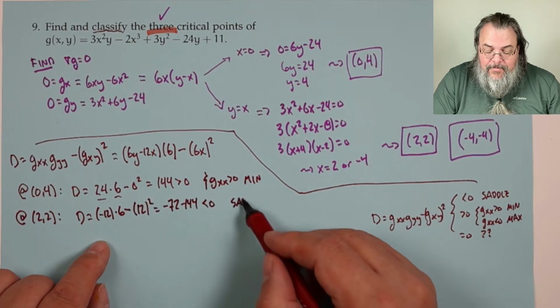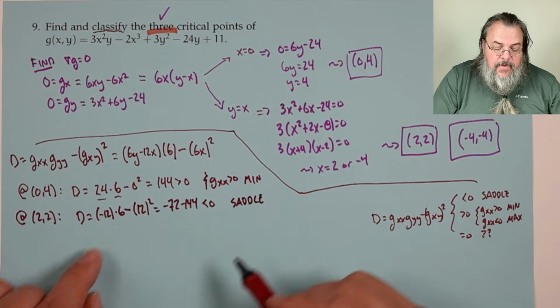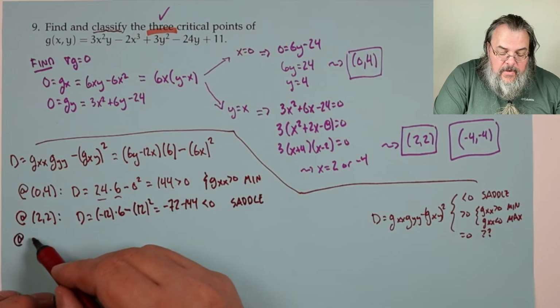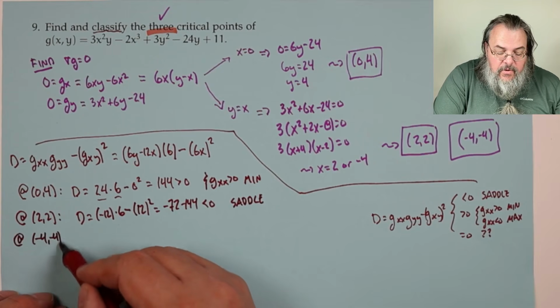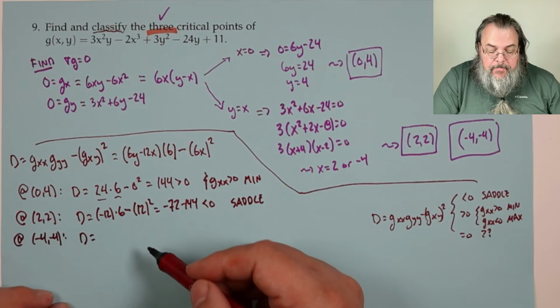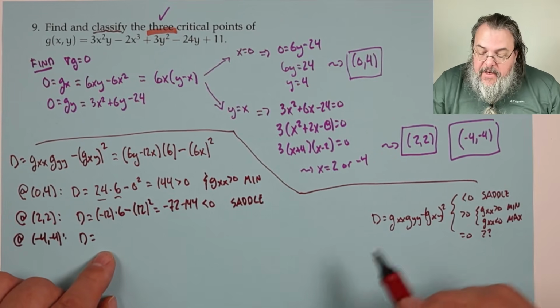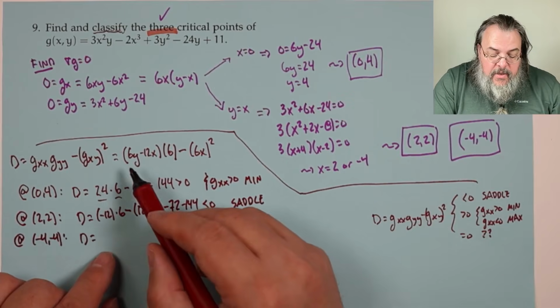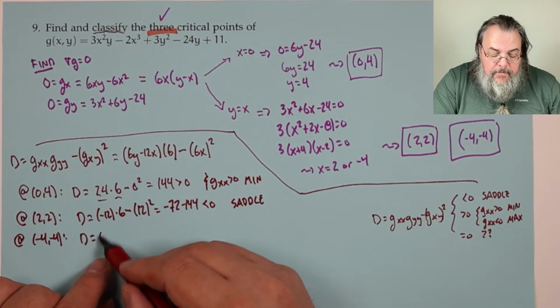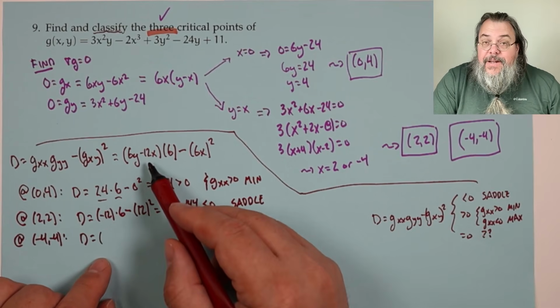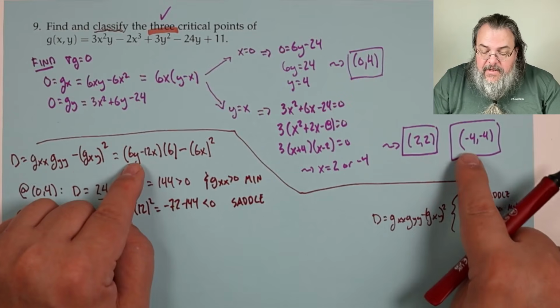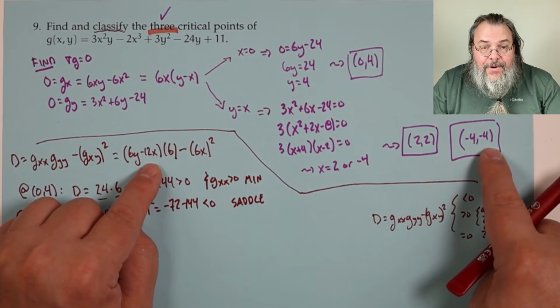All right. And at minus 4, okay, what's going on here? So we plug in x equals minus 4, y equals minus 4. We get negative 24 plus 48, right? Negative 24 plus 48.